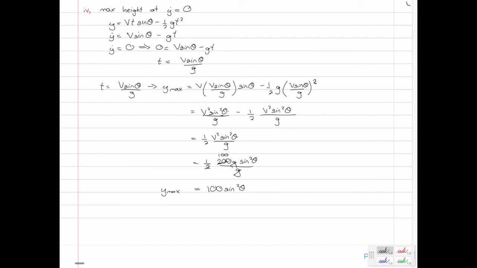Now, how do I work out what the maximum value is going to be? Well, let's have a look at what the sketch of sine squared looks like. If we think about what sine looks like, it's that oscillating one that goes above the x-axis and below the x-axis. Now sine squared, everything below the x-axis, which is negative, once it gets squared becomes positive.